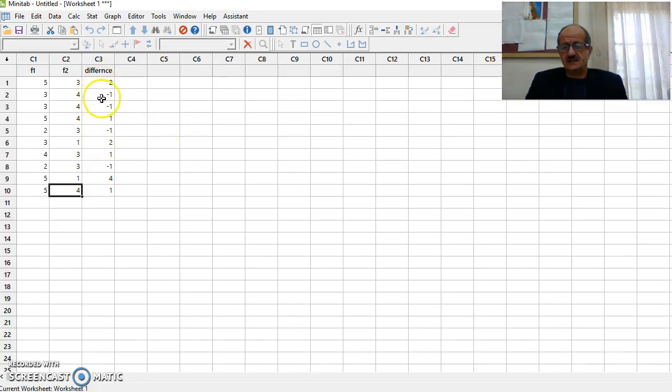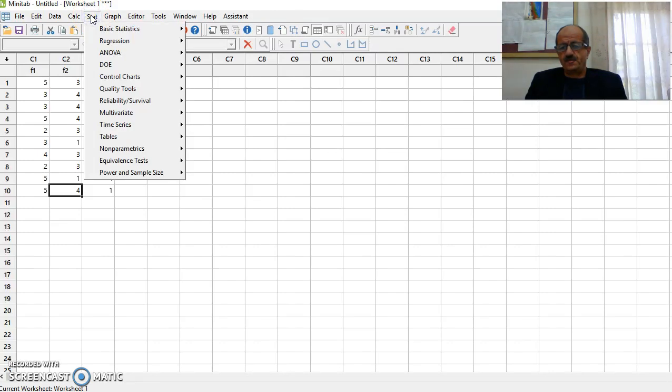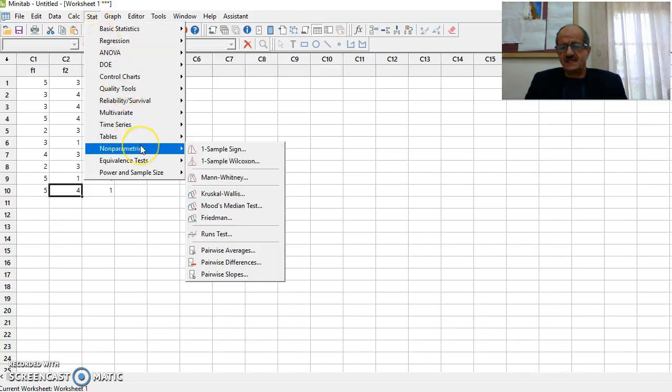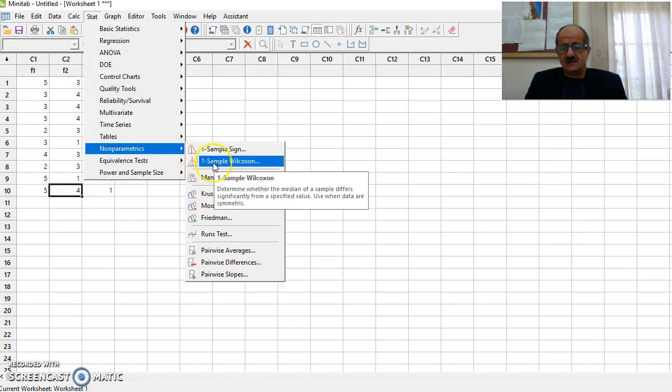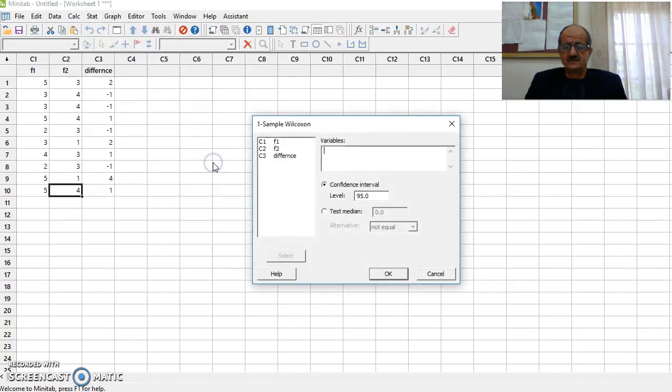Here is our data that we want to test if there is a significant difference or not using the non-parametric Wilcoxon signed rank test. Statistics, non-parametrics. Here you are, one-sample Wilcoxon, because we are working with the difference as a sample. The variable is the difference.